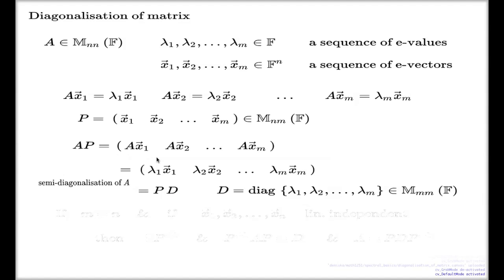Now, why is it semi-diagonalization? What is the full diagonalization or just simple diagonalization? What are we missing to do the diagonalization? We're missing this.